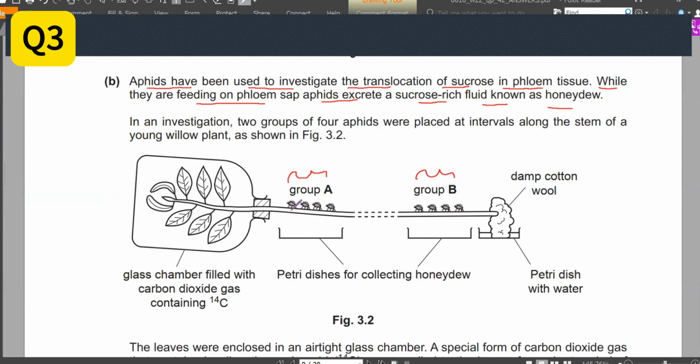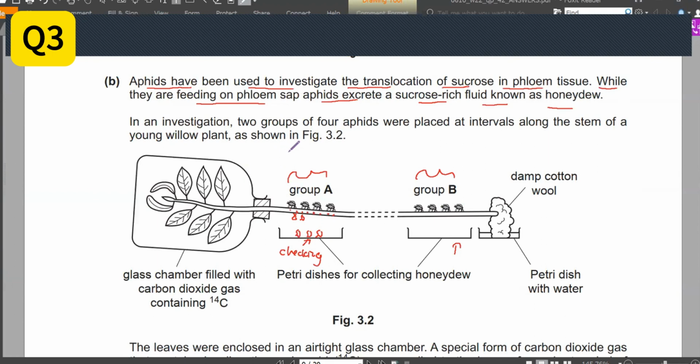They will feed on the sugar in the phloem, and then they will produce another liquid called honeydew, and then the honeydew will be collected on the petri dish. So by checking the contents in the petri dish, we can find out essentially how fast the sugar is traveling.